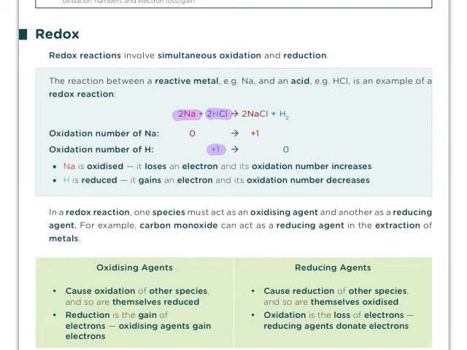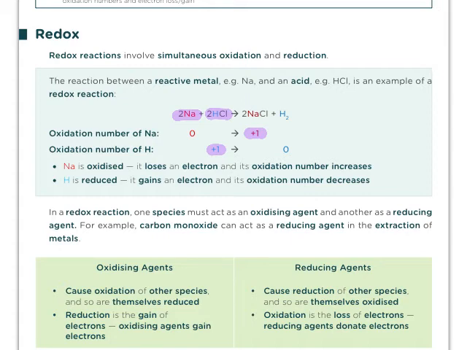Look what happens to these numbers when we move to the products on the right hand side. Now that the sodium is attached to the chlorine, its oxidation number has increased from 0 to +1 because it's attached to the chlorine, which has a -1, therefore the sodium must have a +1.